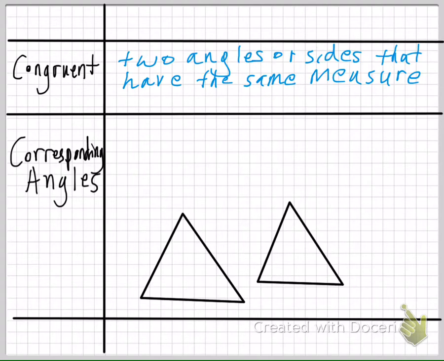So let's talk about corresponding angles. So if I give you the triangle ABC and the triangle DEF, well, corresponding angles are those angles that have the same relative position in a geometric figure.